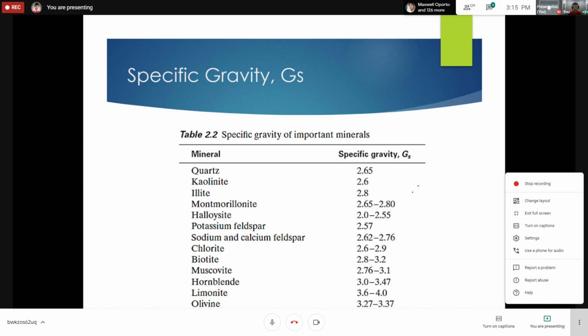I think you have covered that in your geology, right? The mineral composition of different types of rocks. So usually, the soil found in Cebu City has a specific gravity ranging from 2.4 to 2.6. That is usually termed as good soil.